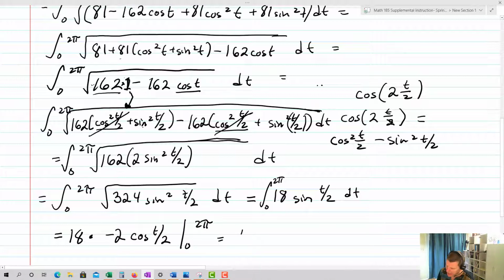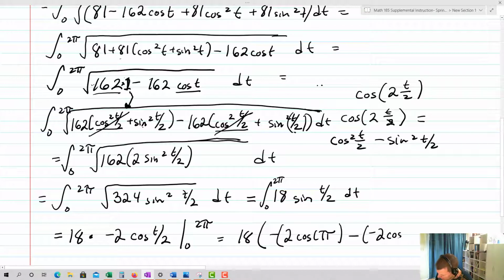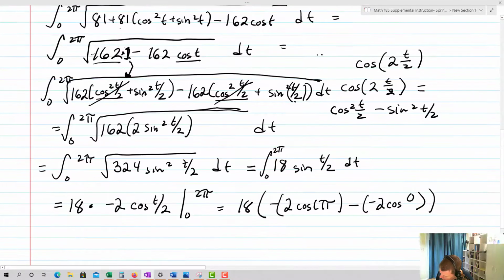And this will then be 18 times (negative 2 times cosine of pi, minus negative 2 times cosine of 0), which is going to equal 18 times (negative 2 times negative 1, plus 2), that is 2 plus 2, which equals 18 times 4, and that is 72.